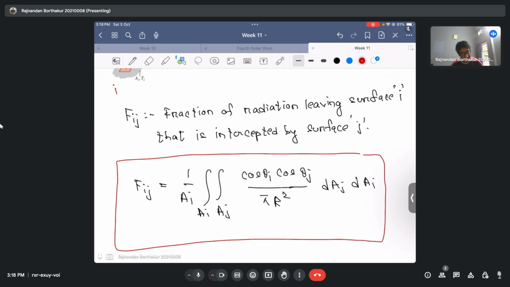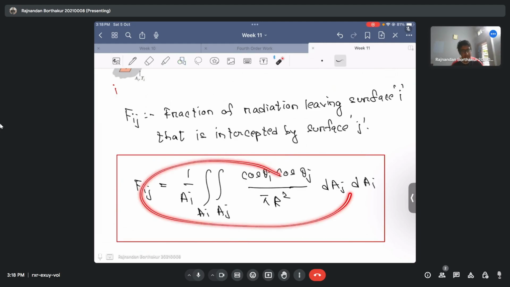You can sense from this form itself that you can derive the definition of Fij from the definition of intensity of radiation coming from a body I. Use the fact that you have assumed it to be a diffuse body, then you can replace the intensity of radiation with the emissive power divided by pi, and then, doing some tricks in the algebra, you can come up with this integral form of the view factor Fij.